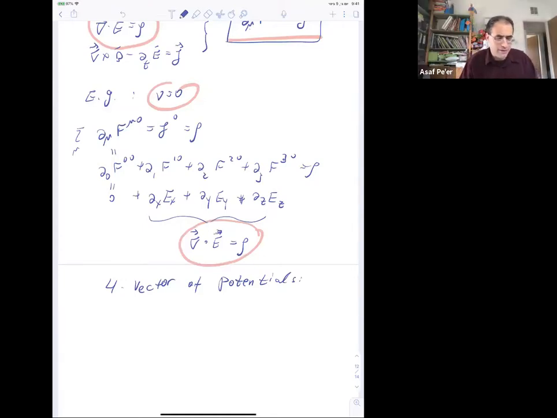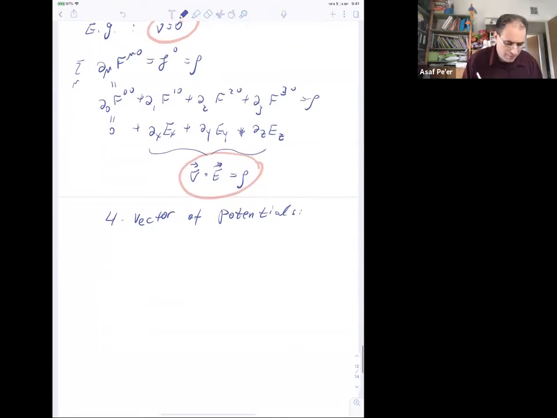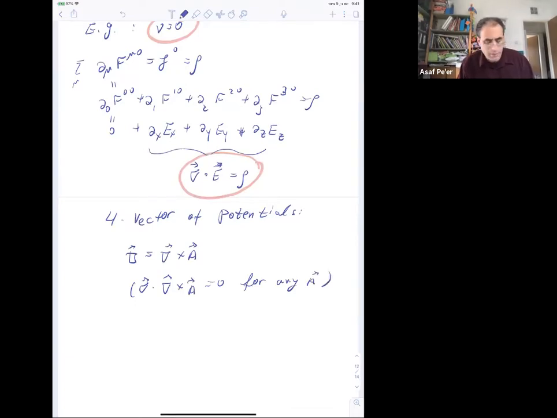The magnetic field we can always write as the curl of a vector potential, so B is equal to ∇×A. From this, Gauss's law of magnetization automatically follows, because there is a mathematical identity that the divergence of a curl is always 0. ∇·(∇×A) is equal to 0 for any vector A.